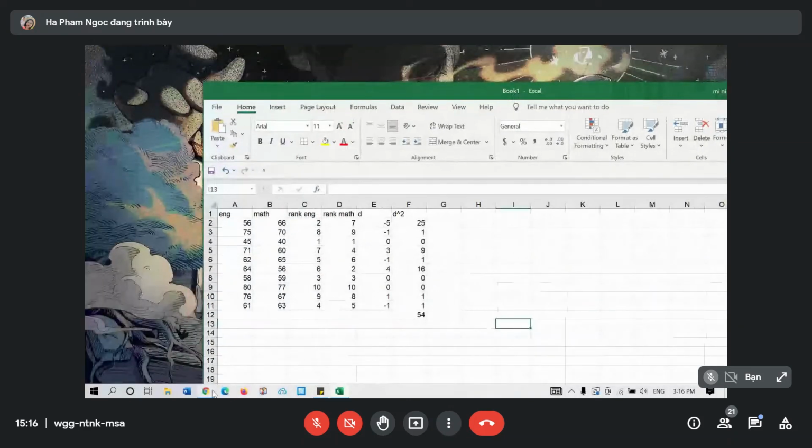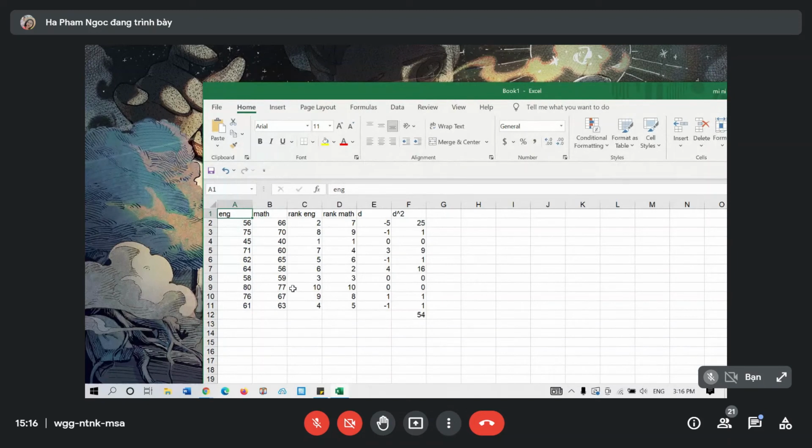So I will list the data sets, the English and the math. Then I rank them, from the lowest value will be 1.